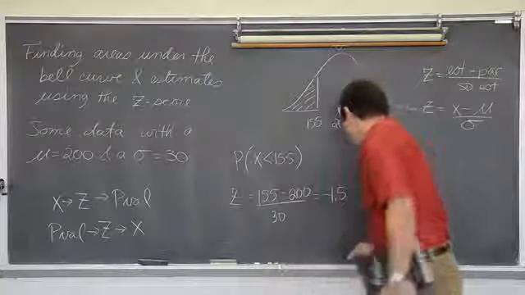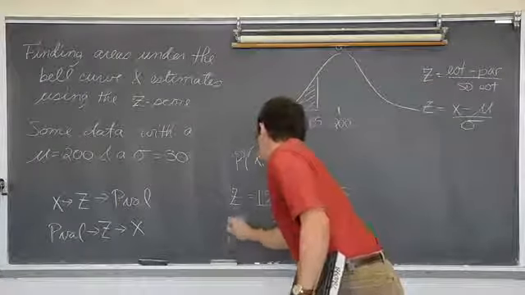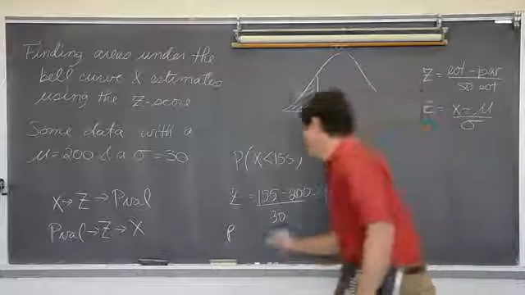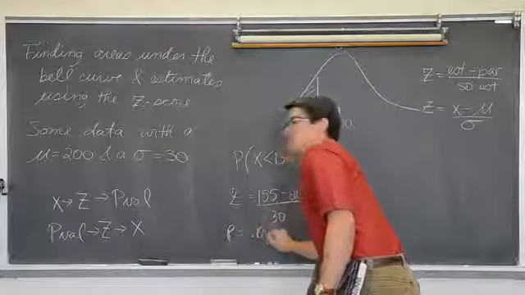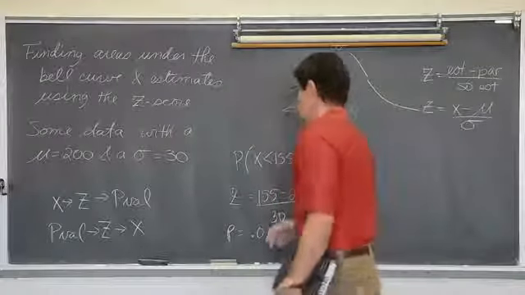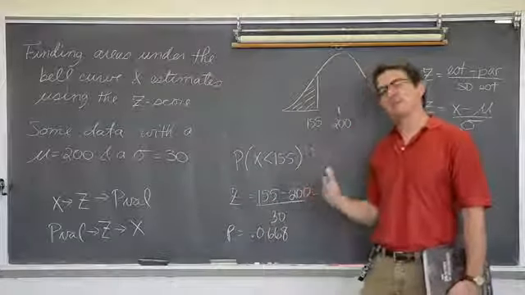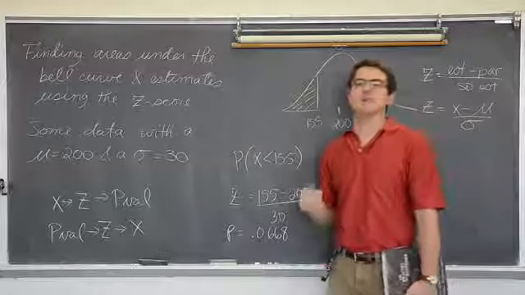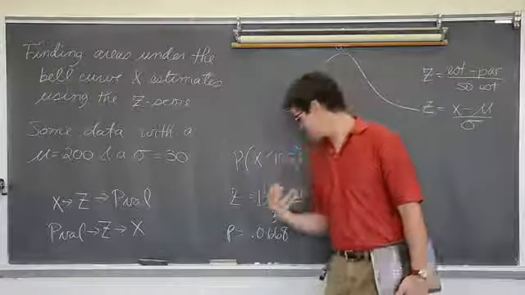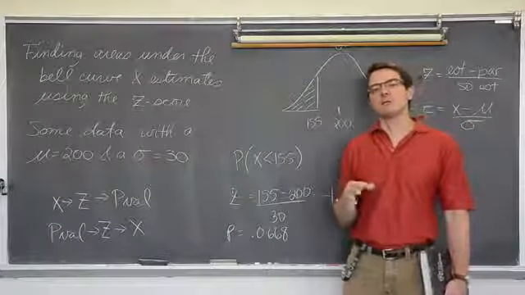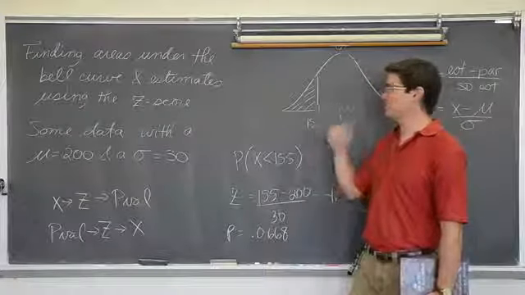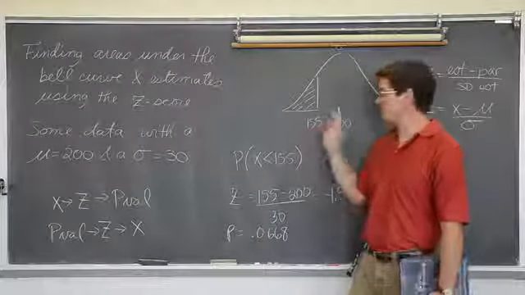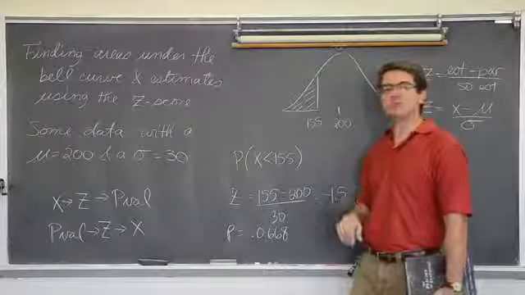So my p-value from this z-score is 0.0668. That means that roughly 6.7% of my data is less than 155, or I would have a 6.7% probability of observing an observation of less than 155.